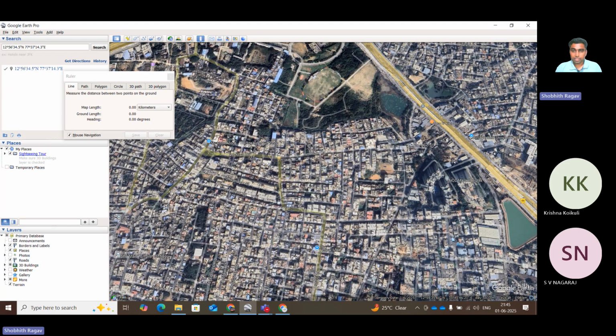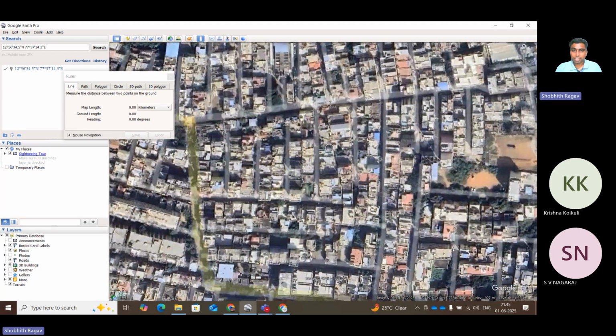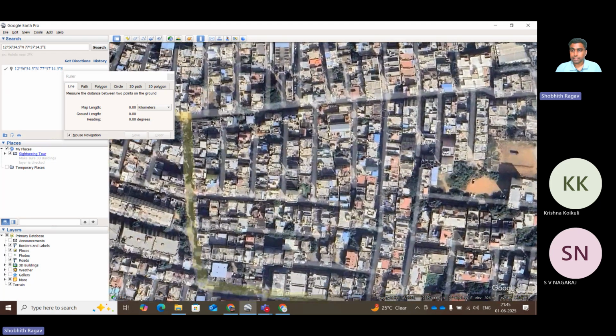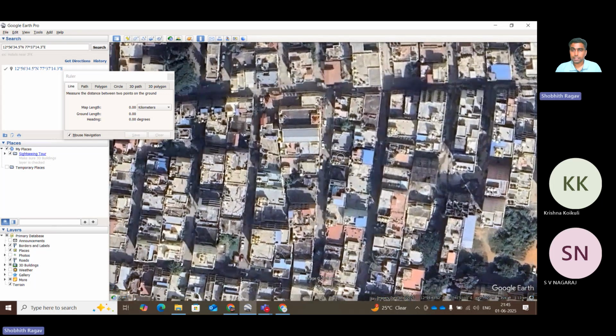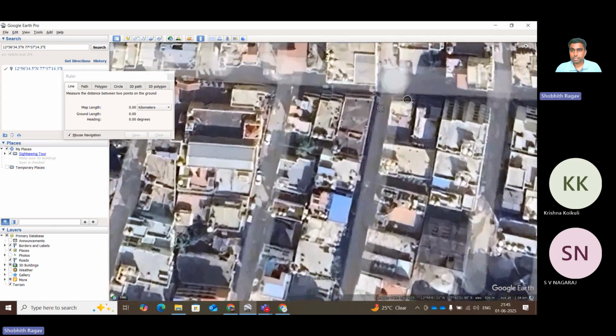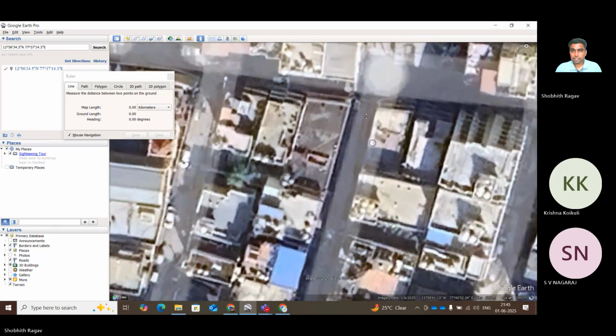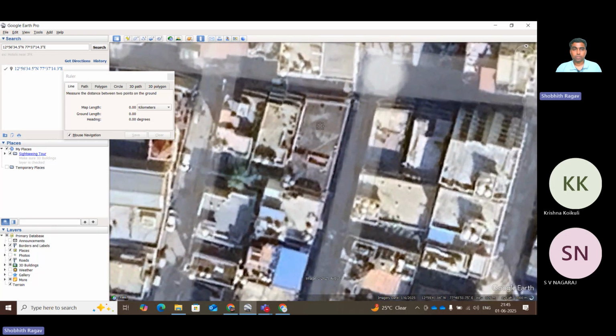Here, maybe we will take one more example just to get an idea of this. Which one shall I take? Okay, let us take this house. Let me try to map this angle. This is showing 5.58 degrees.